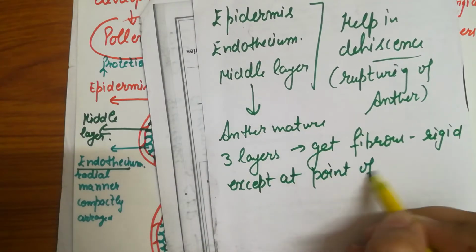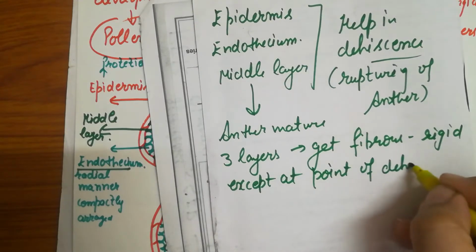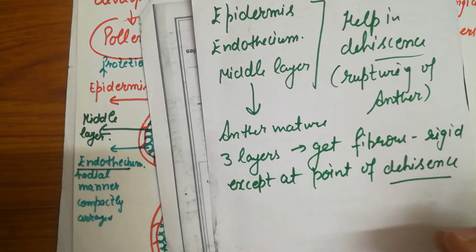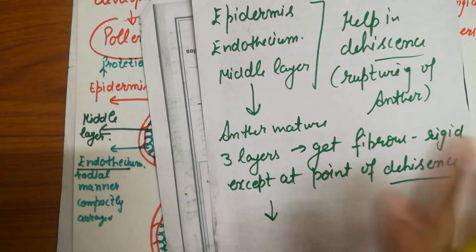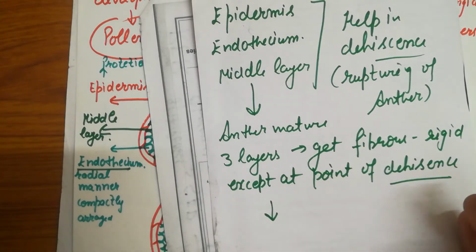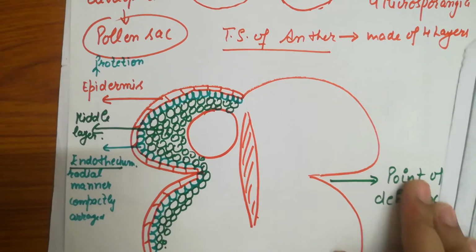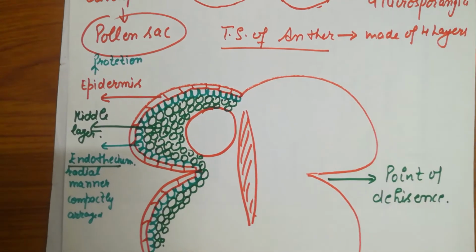Only that point does not become rigid. Otherwise these three layers become very rigid. So once the anther is matured, the microspores are released from this point of dehiscence, right?